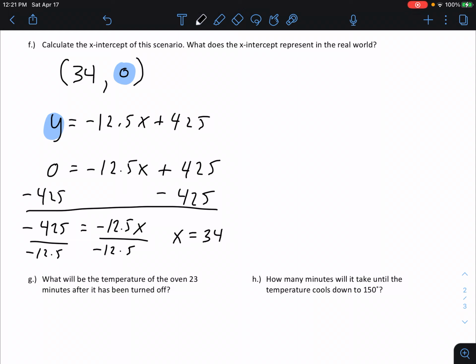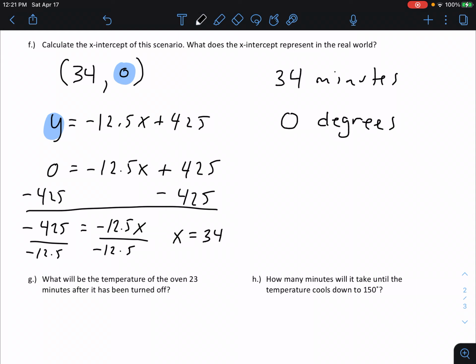All right, what does this represent in the real world? Well, this is kind of a trick question on this one, because if we remember, x represents minutes, so it's 34 minutes. And y represents degrees, and it's saying 0 degrees. It's a trick question because when we turn off the oven and the temperature starts to drop, it's not going to go all the way down to 0 degrees unless we're outside in the wintertime, right?